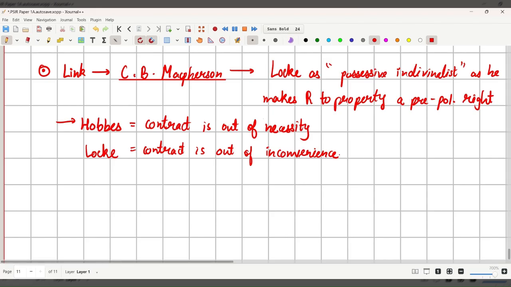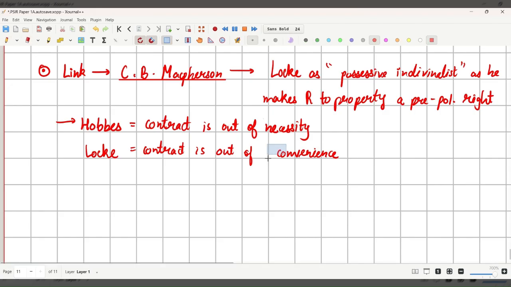Sorry, the contract is out of the necessity of convenience.